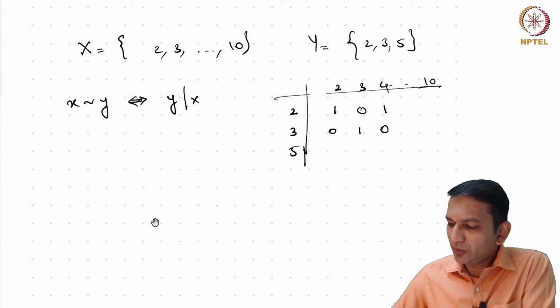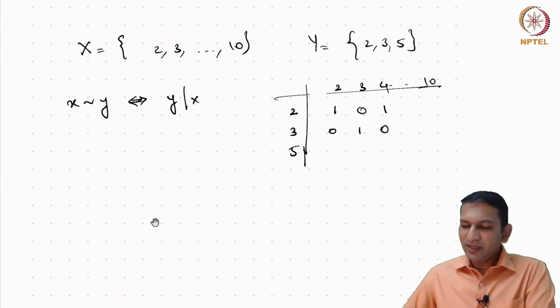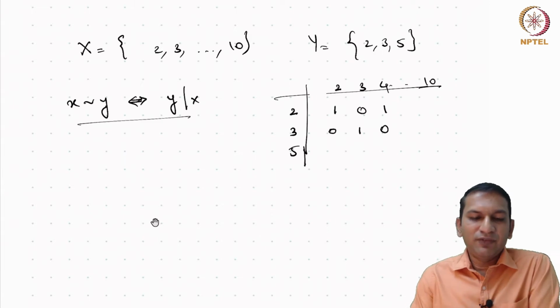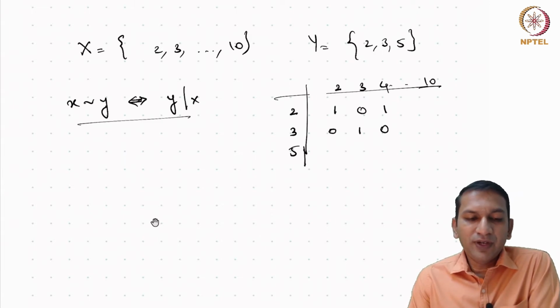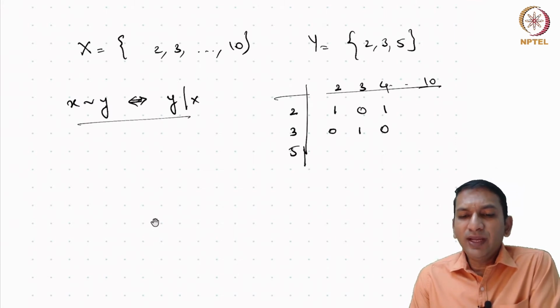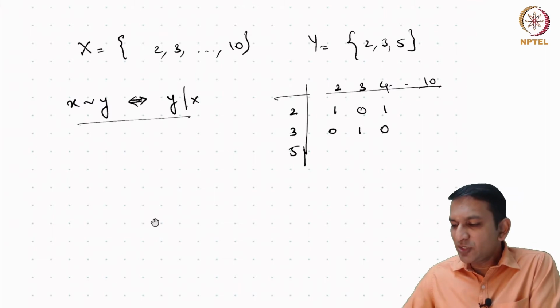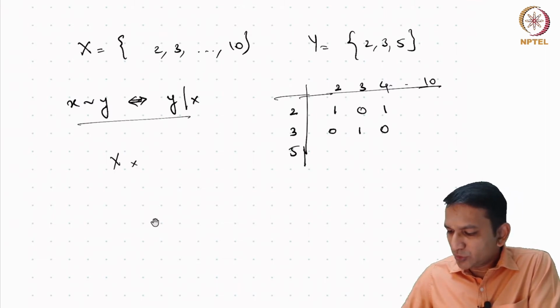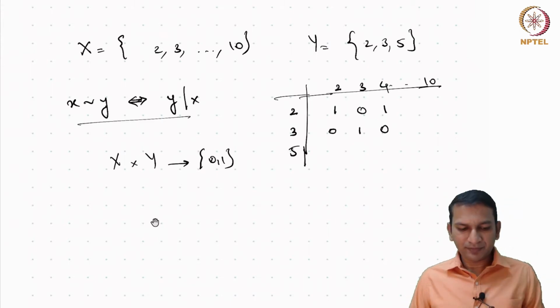Does not divide 4, put a 0. So similarly, from the way we have defined the relation, where we have specified when an X is related to Y, we could indicate it by a binary matrix, and this essentially can be looked at as a mapping from X cross Y to the set {0, 1}.